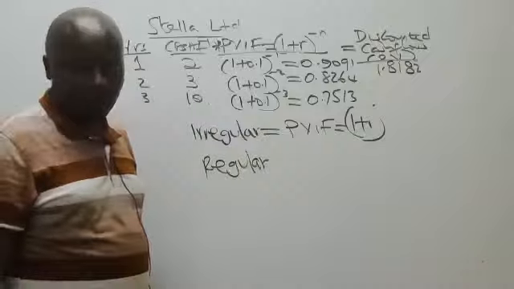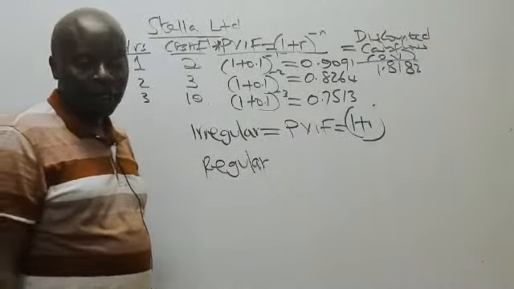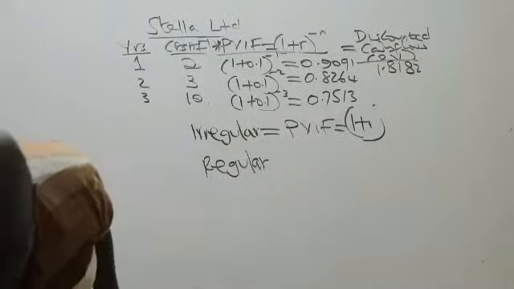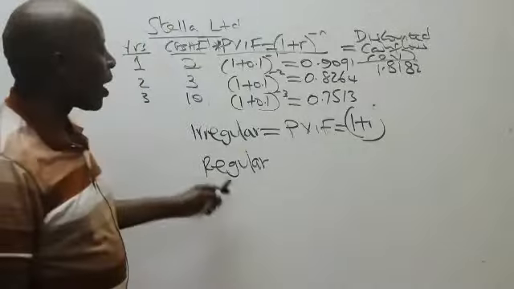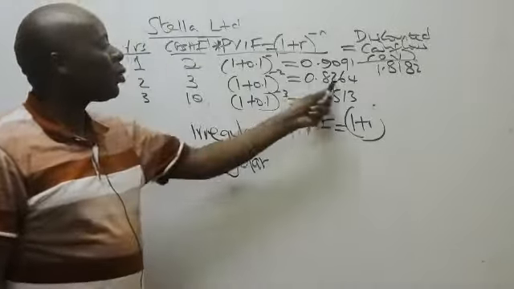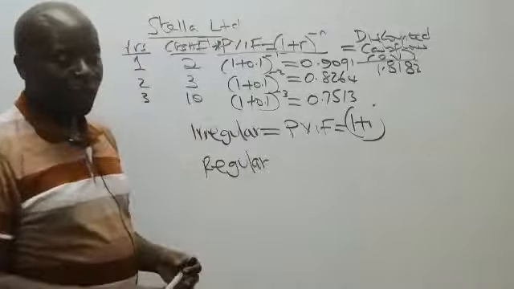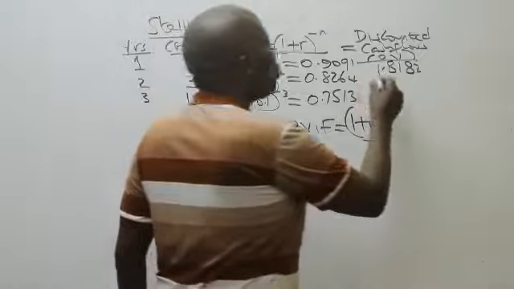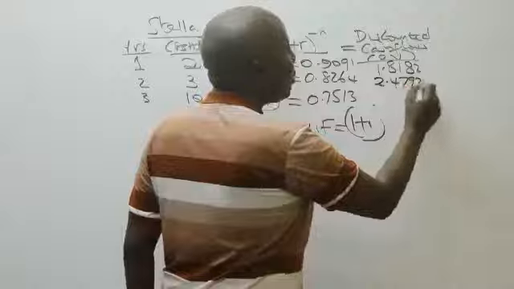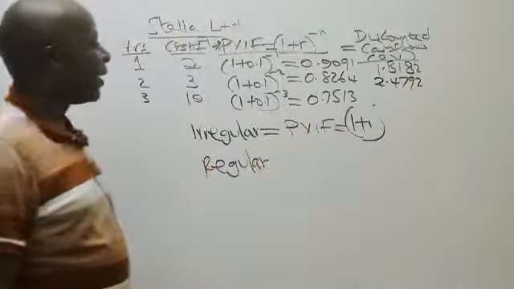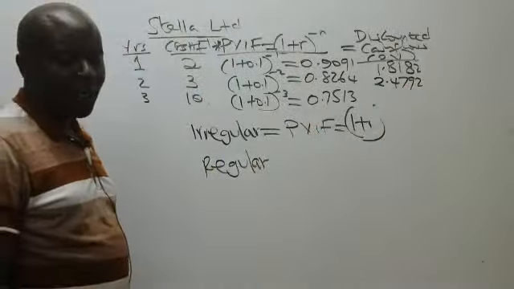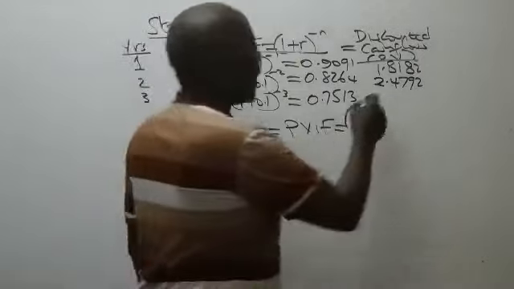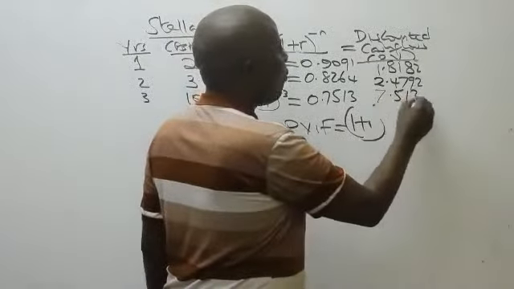We shall endeavor to put our figures in 4 decimal places. Could you kindly help me with the second one? The second one is 3 times 0.8264, which is 2.4792. Thank you very much. And the third one is 7.513.